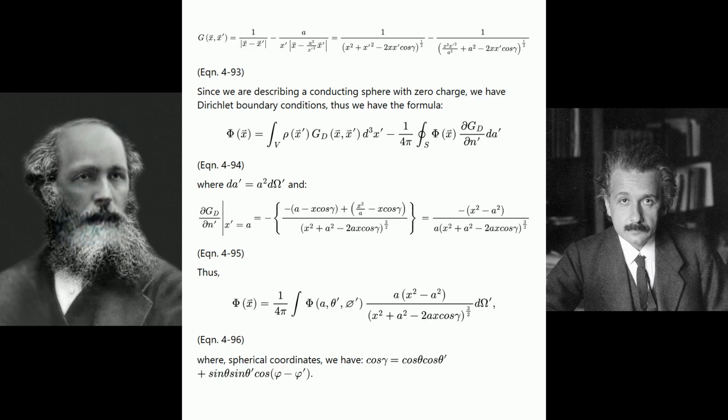Since we are describing a conducting sphere with zero charge, we have Dirichlet boundary conditions, thus we have the formula, equation 4-94, where d a prime equals a squared d omega prime, and equation 4-95, thus equation 4-96, where in spherical coordinates we have cos gamma equals cos theta cos theta prime plus sin theta sin theta prime cos of phi minus phi prime.